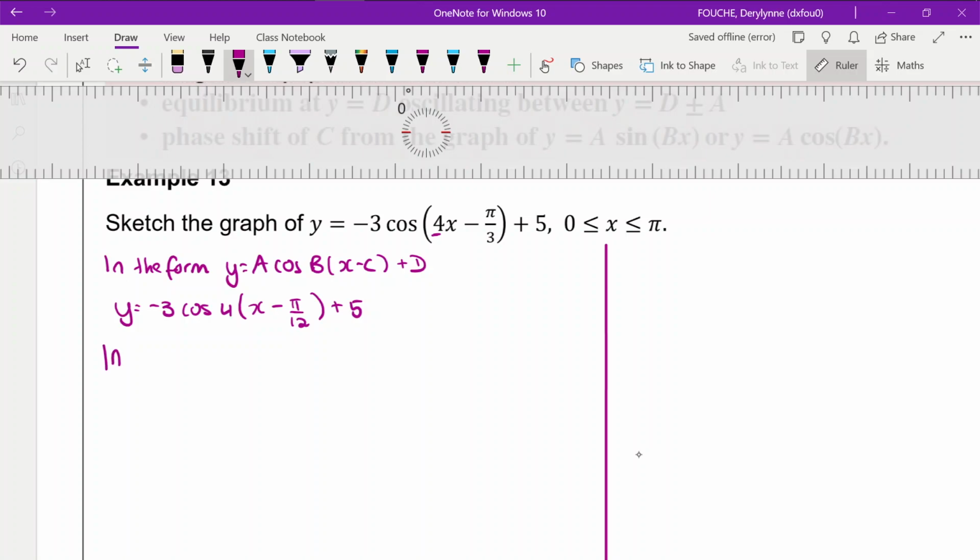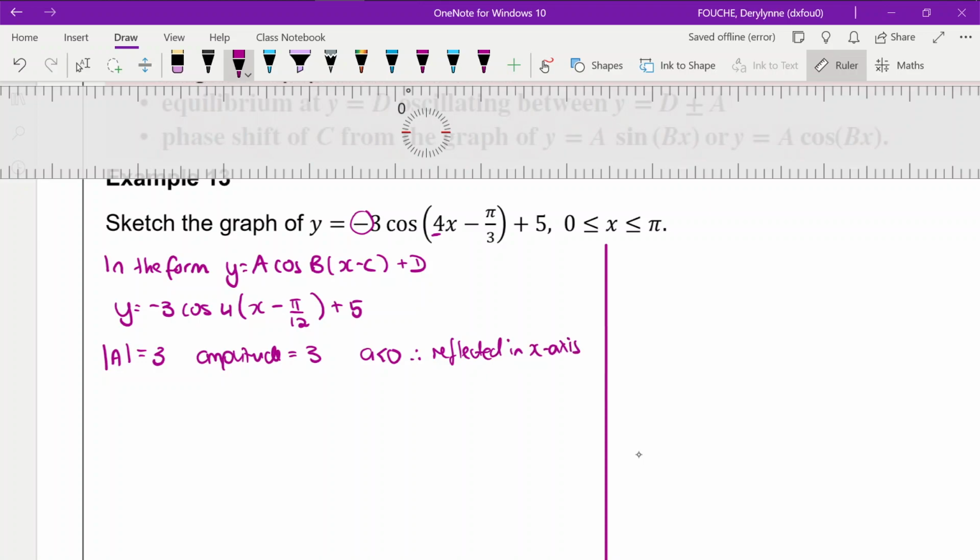Okay, now let's go through as we normally would. We got that the absolute value of a is going to be 3. That means that my amplitude is equal to 3. But at the same time, a is negative, so a is less than 0, therefore it is reflected in the x-axis.